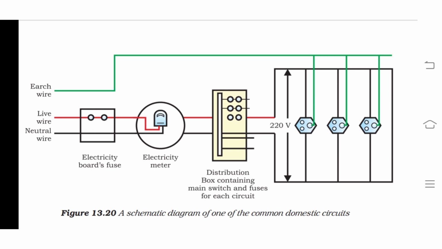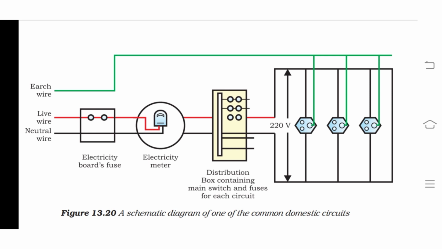We already learned about this. Here the red wire is connected to all the domestic circuits, and the black wire is also connected to all the domestic circuits, and the green wire is also connected to the domestic circuits. So this is the brief schematic diagram of common domestic circuits. To prevent electric shock, we have to use a green wire.